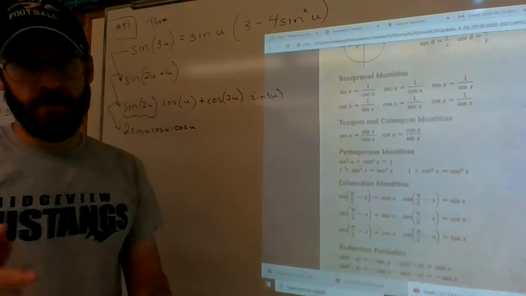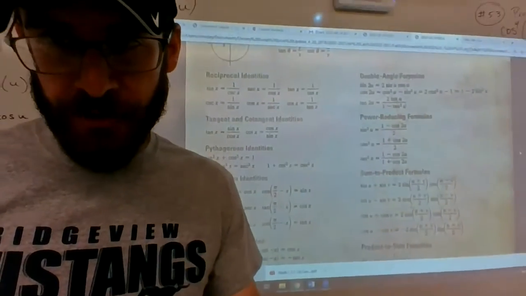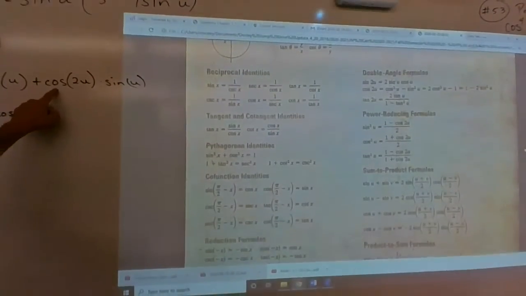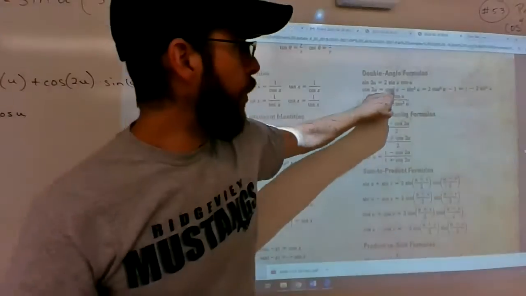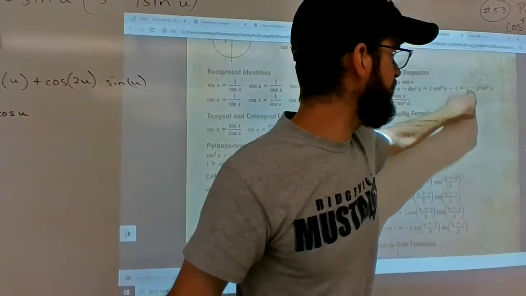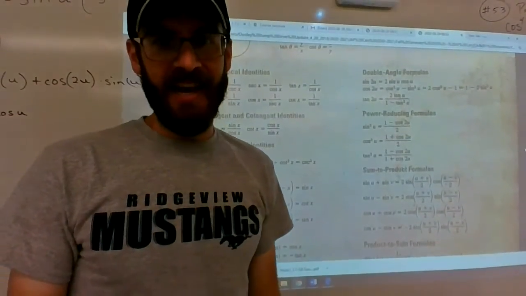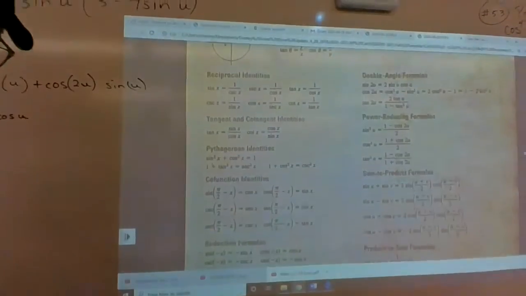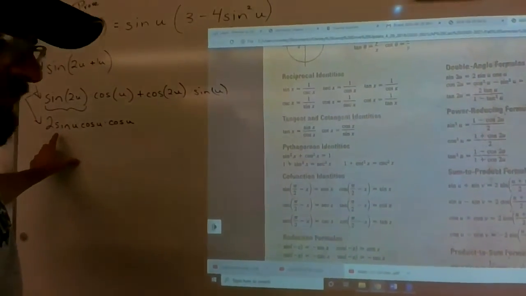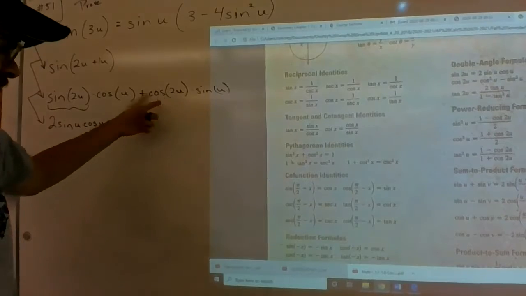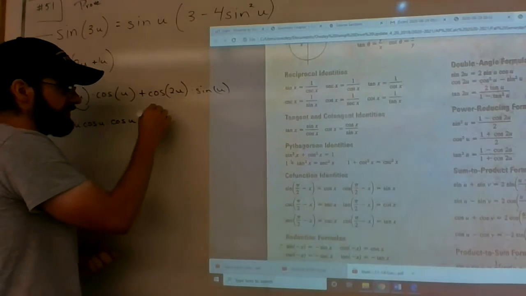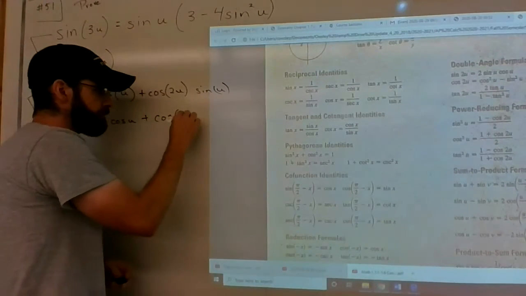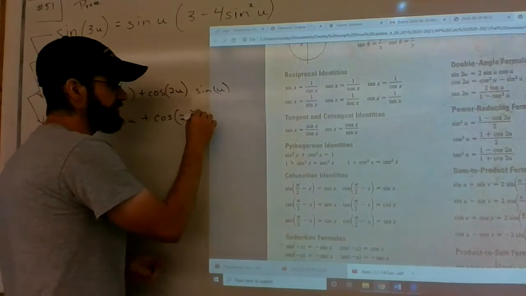And then cosine of 2u, that's a little trickier. I've got one version, two versions, 3 versions of it, and it's kind of difficult to decide which one it's supposed to be right off the bat. So I'm just going to hold off on rewriting this. We'll just keep it.